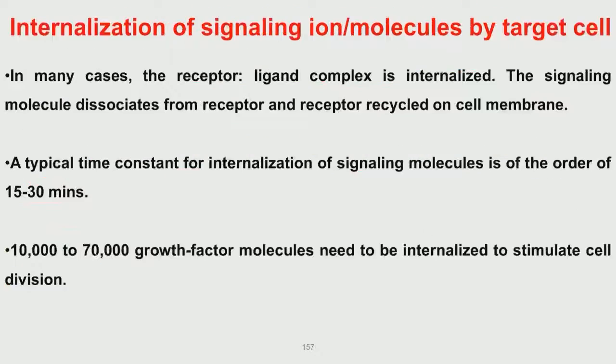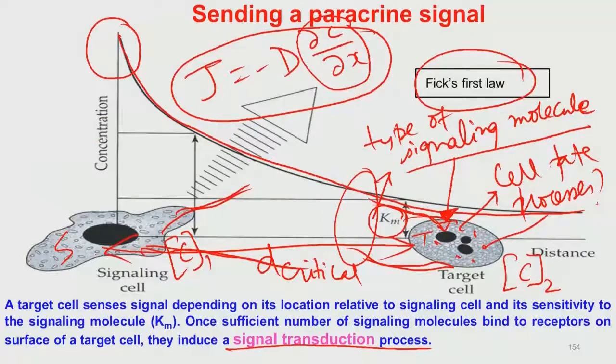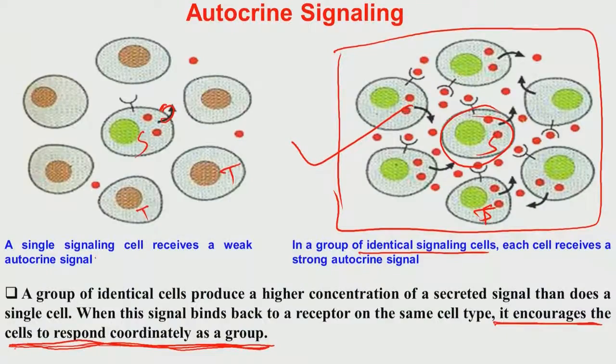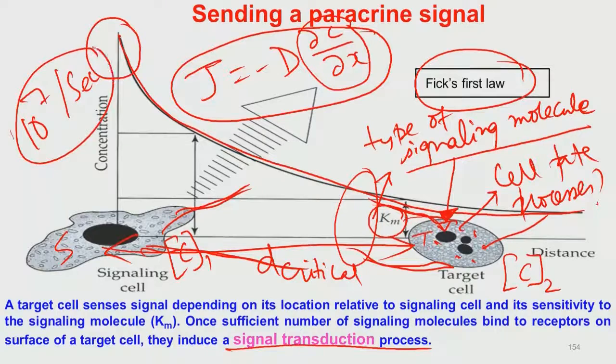Now, to summarize only up to this part: once the signaling is done by the gap junction, not by autocrine signaling, we have estimated that 10 to the power 5 or 10 to the power 7 signaling molecules per second are generated from source cell to target cell.